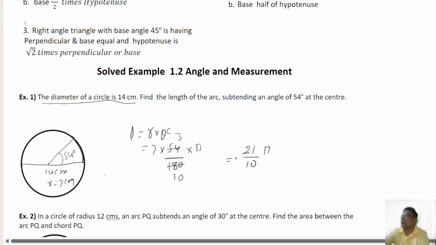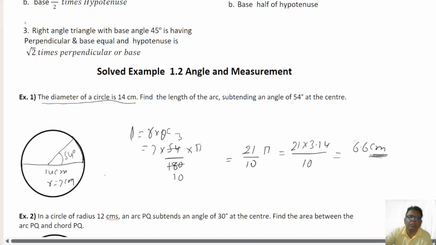So this is the answer. To calculate further, you will get 21 into 3.14 approximately divided by 10. So that is equal to 6.6 centimeter.